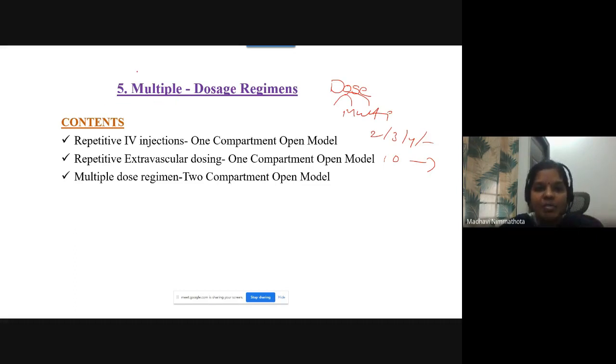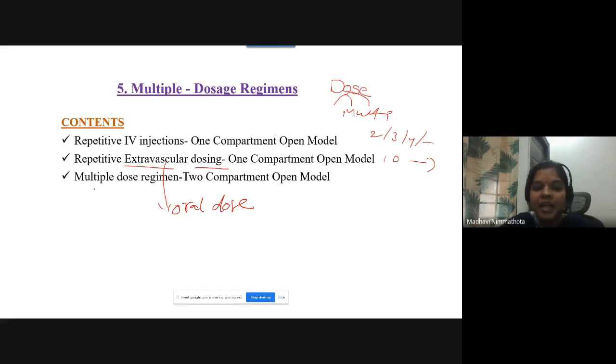See, under multiple dosage regimens, you are going to read the contents of repetitive IV injection, that is by one compartment open model, and repetitive extravascular dosing. Extravascular dosing is nothing but through oral dose. This is also by one compartment open model.